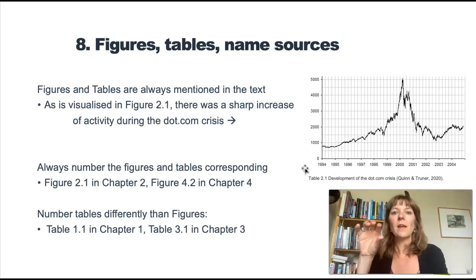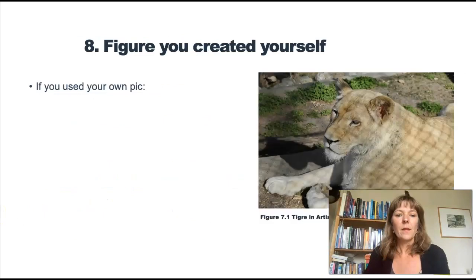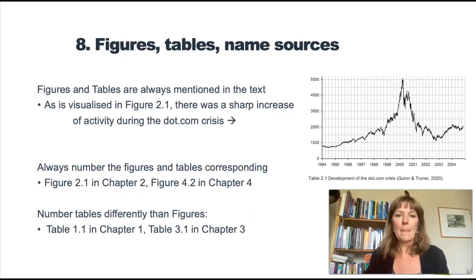You cannot use a figure and not refer to it, because then it's useless to use the figure. If you made a figure yourself, for example, I made this picture of the tiger in Artis, the Zoo of Amsterdam, then you say figure 7.1, tiger in Artis, and then you refer to your own picture.